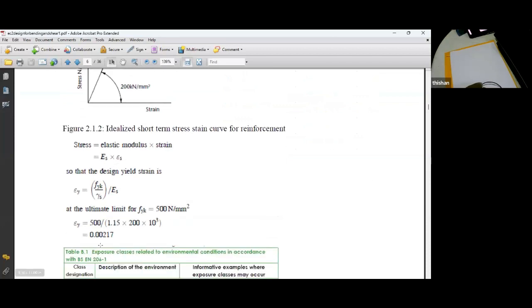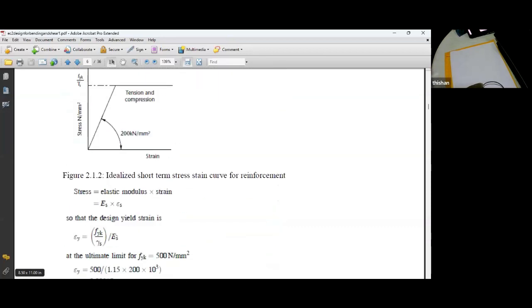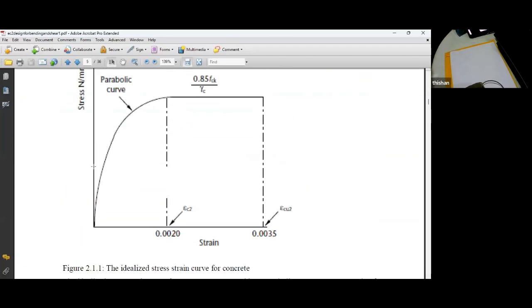But now we are using 500 steel having a bigger working stress, that is 500 multiplied by 0.85, which is about 530 maybe. And then you get 0.00217. So those are the changes. So this has not changed. The same for BS code and Eurocode.